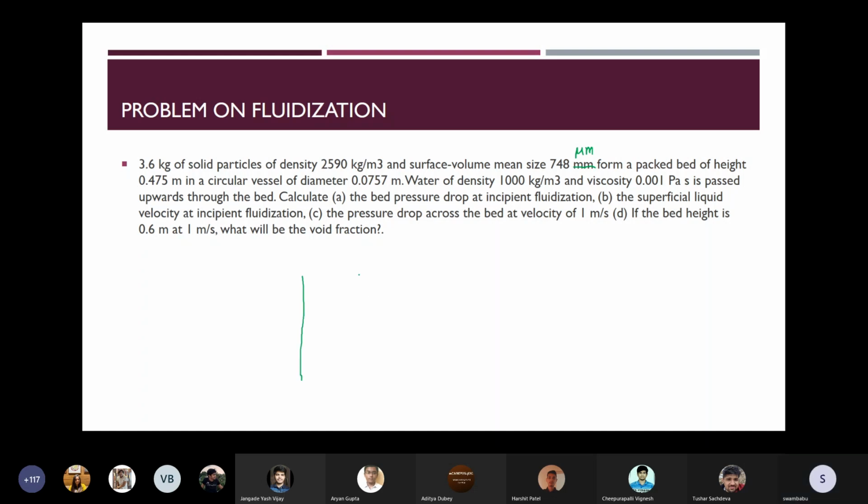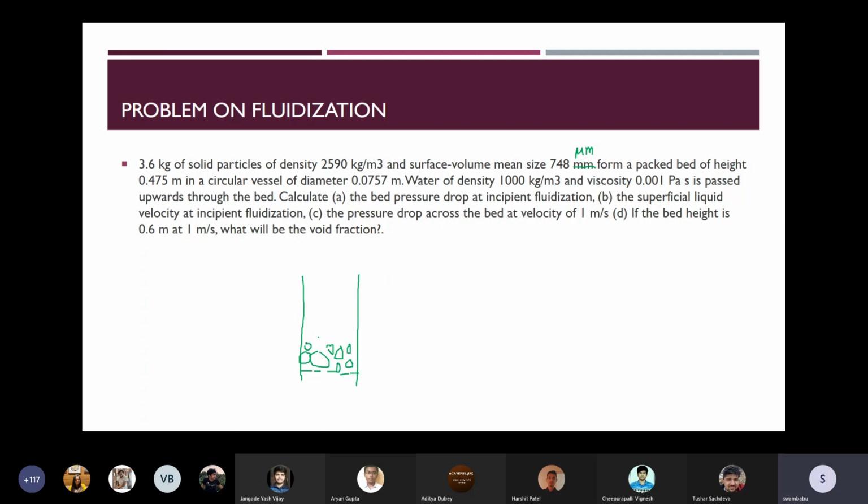So here, this is a bed. This is the support plate, the distributor plate. 3.6 kg of solid particles are placed in this packed bed.